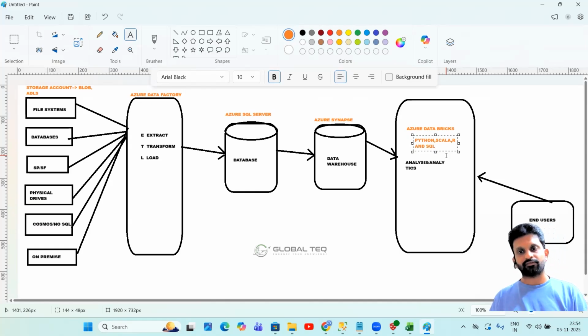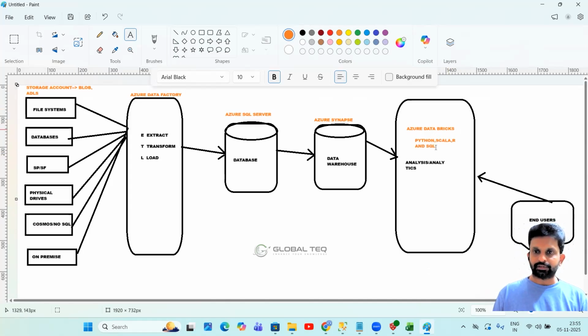We will be using these 4 languages to write your code in Azure Databricks, which helps you to get the results, do the analytics, and share the results with the users. That is how Azure Databricks will help you in getting and predicting the results effectively.